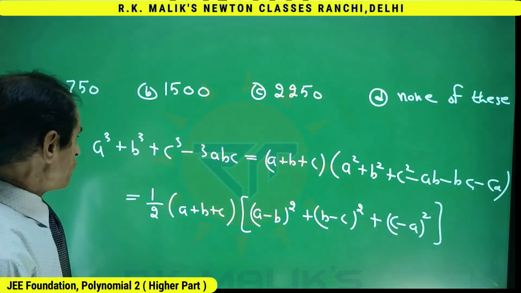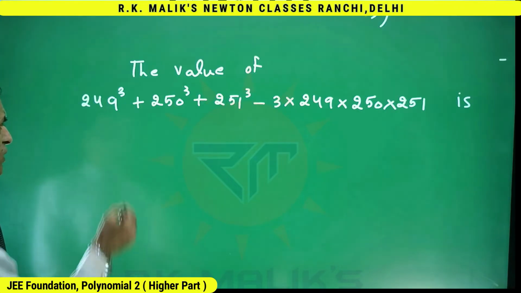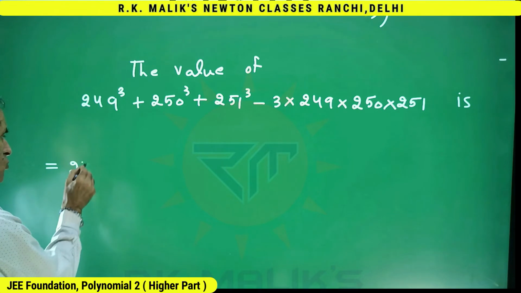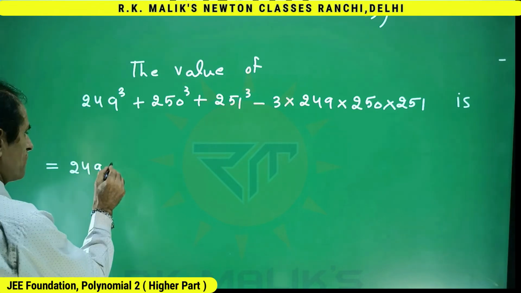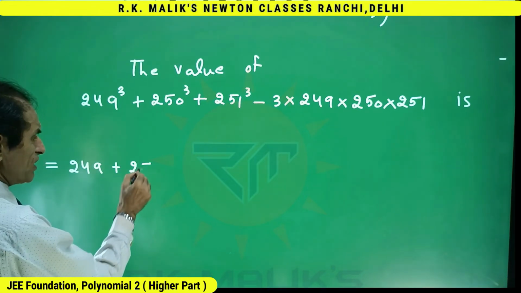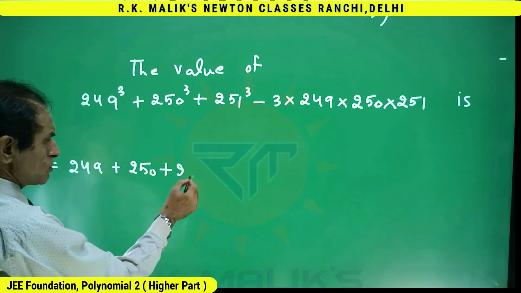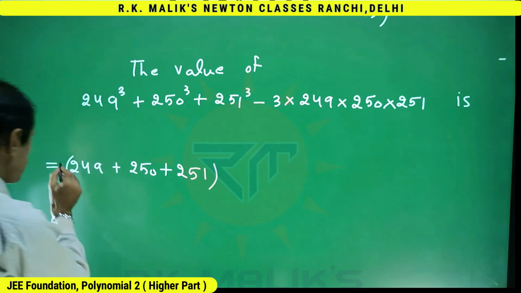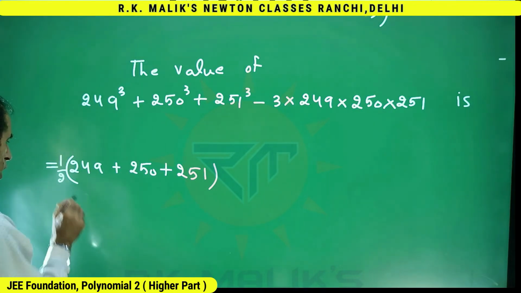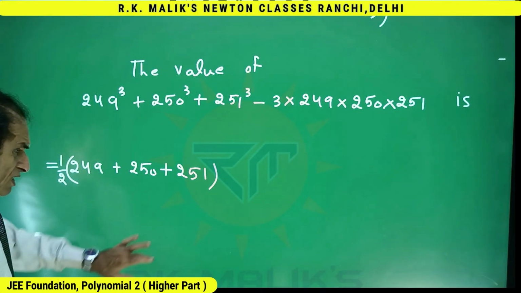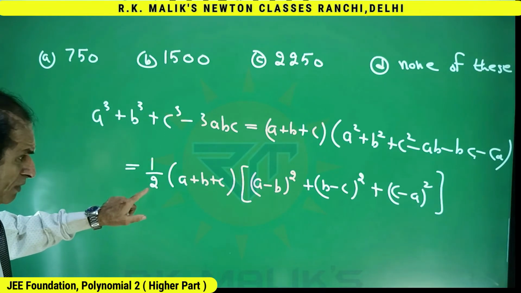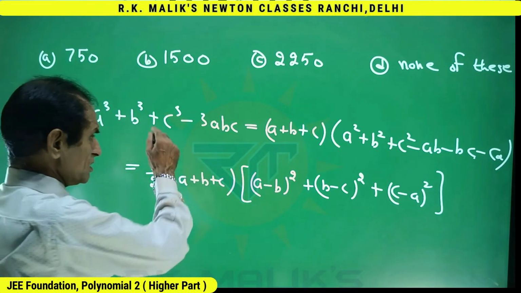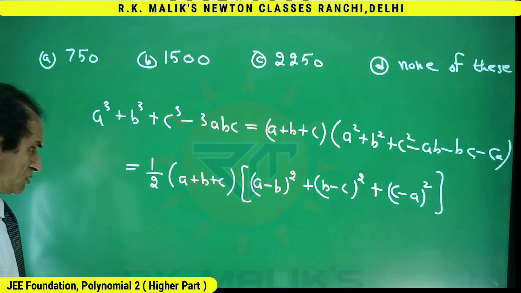And keeping this formula in mind, we can easily say that the value of this will be equal to 249 plus 250 plus 251 and 1 by 2. Outside you can see very easily 1 by 2 is also present. I am going to use this formula, that is this equal to this I am going to use.